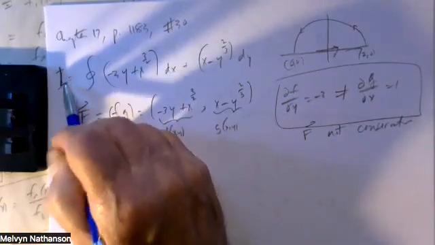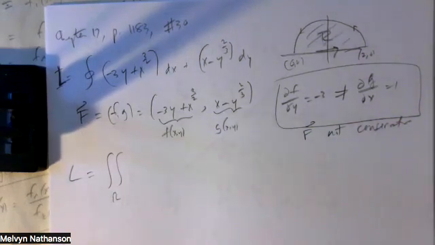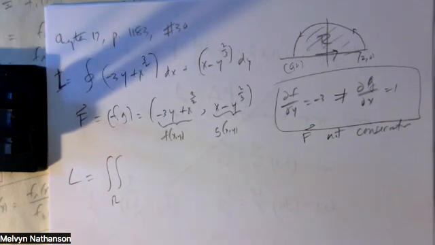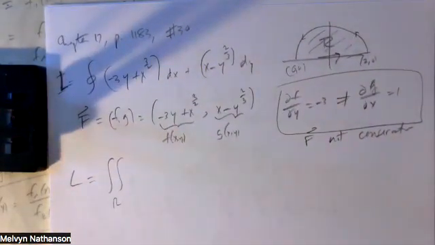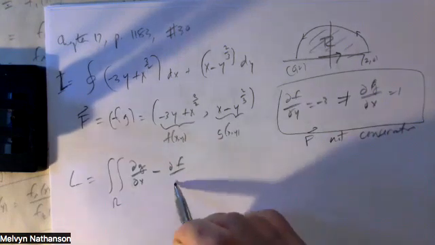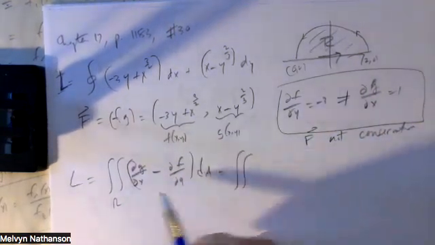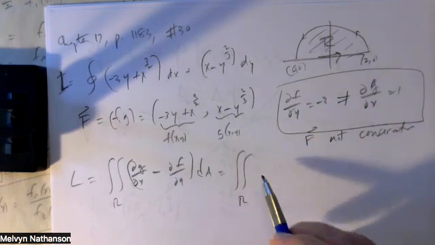But we do know that this integral, let me just call this I or L, this line integral L, is also equal to the double integral around the region R, the region inside this semicircle, of the partial of G with respect to X minus the partial of F with respect to Y. The partial of G with respect to X is just 1.